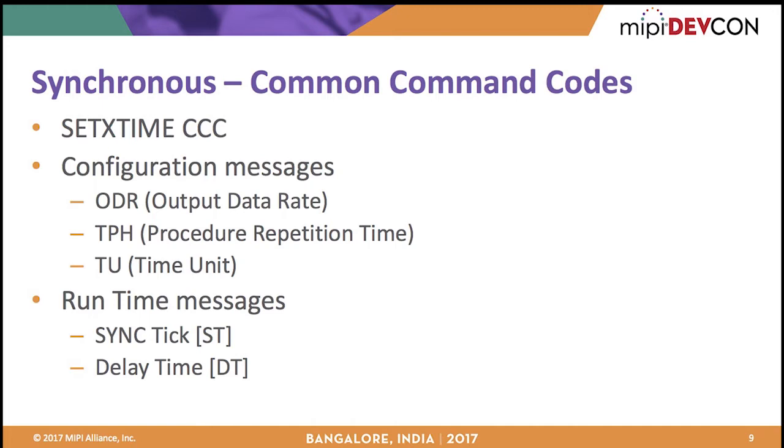Then the TPH name comes from the T, which is the period, and PH, which is the phase. The reason being that it's not sufficient to synchronize the frequency, which is the period. It's important to synchronize the start of that period, which is the phase. So that's the TPH.